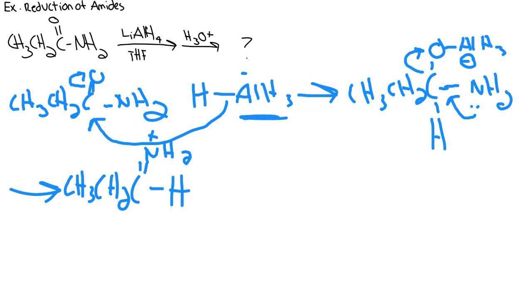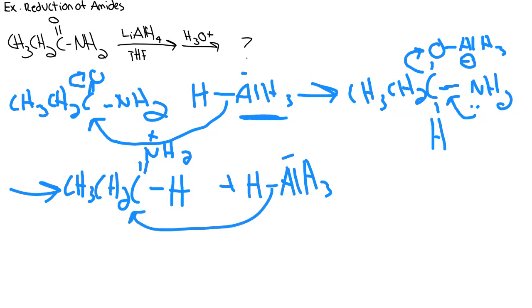So now we formed a carbon-nitrogen double bond here, and that nitrogen has a positive charge. We're going to react with another molecule of aluminum hydride. Again, it'll attack that carbon here, break the double bond, and neutralize that positive charge up there.